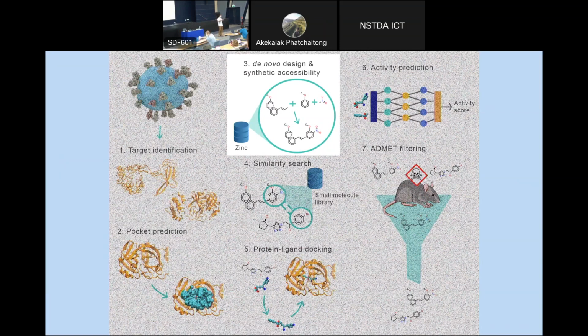That means I am not searching the exhaustive database. Rather, I'm trying to get an idea of what kind of molecule can fit into that pocket. You will not get all the different kinds of molecules that can fit in the pocket, but I can at least get an idea. And that's called de novo design.